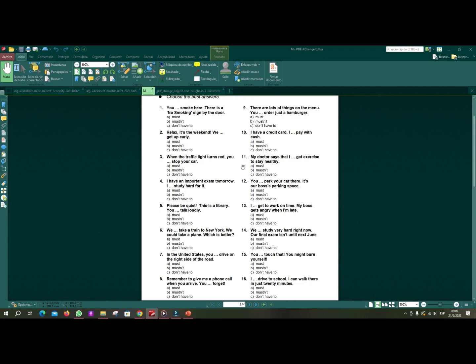Okay? So, here you have the first one: You blank smoke here. There is a no smoking sign by the door. And you have three options. A, must. B, mustn't. C, don't have to.